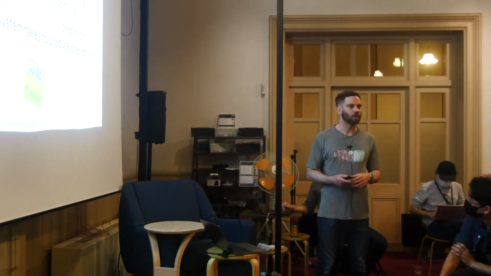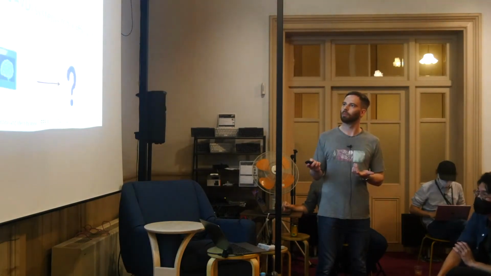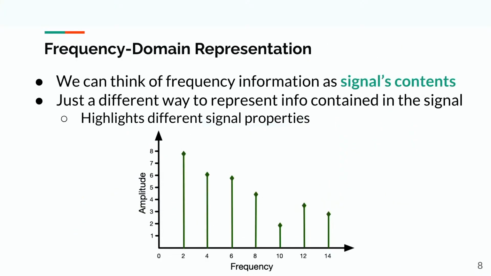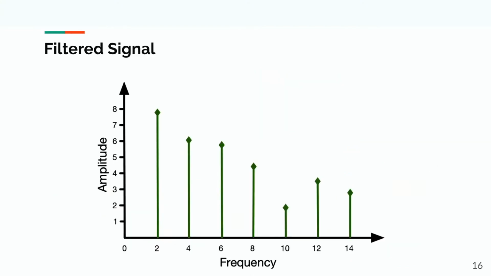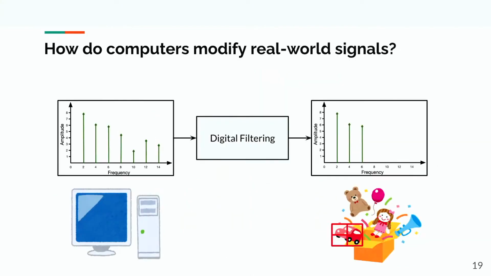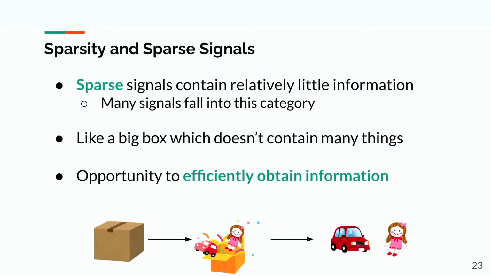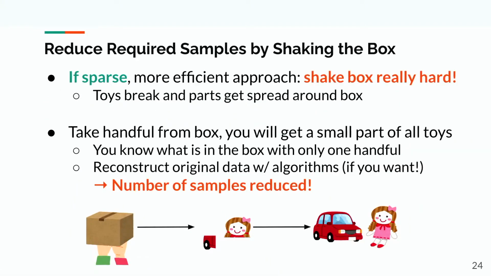I didn't touch on it too much, but in fact, it's possible to reconstruct the original signal from the bits of it if you use mathematical algorithms, which I use and don't really understand.